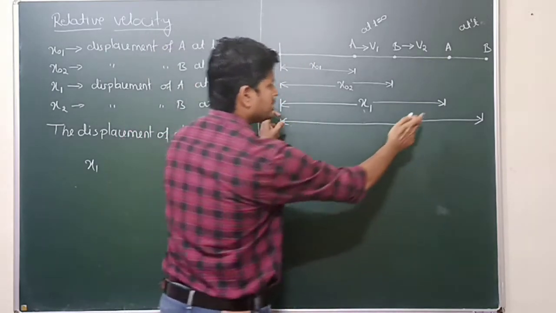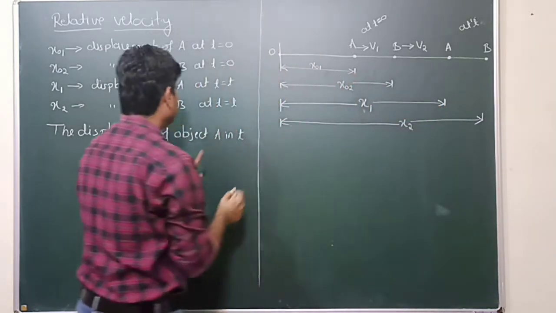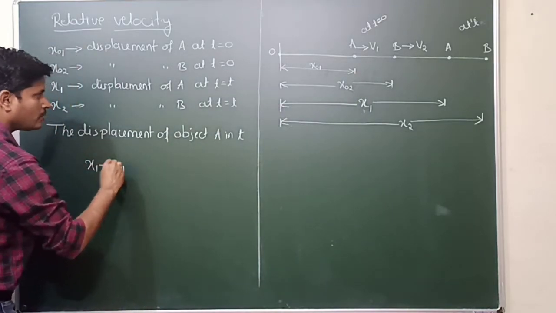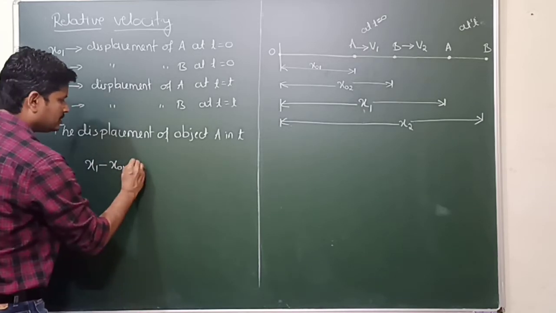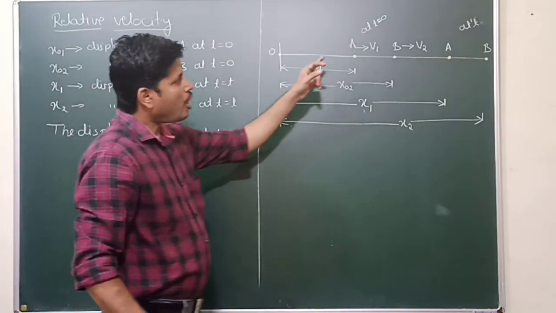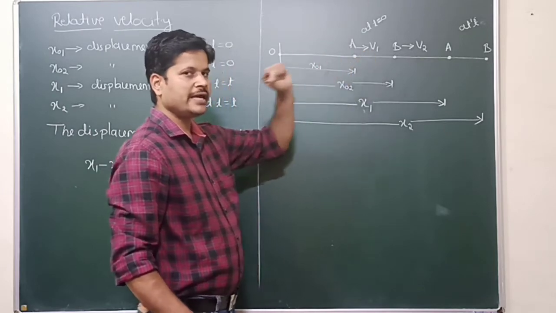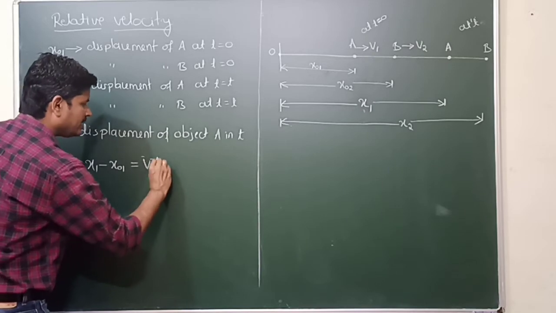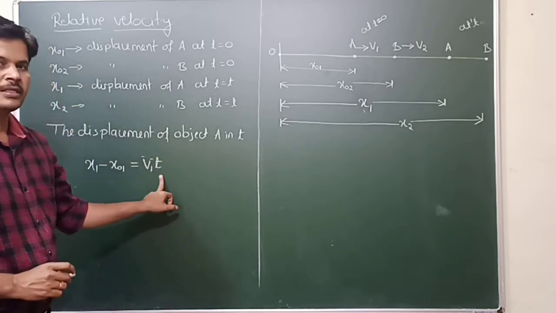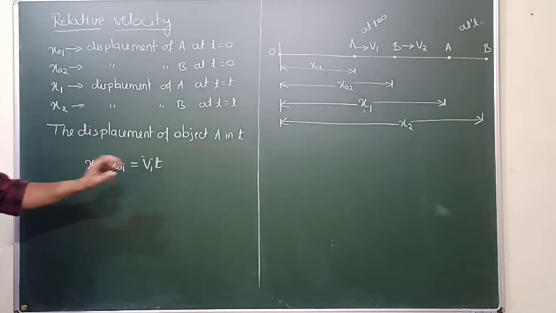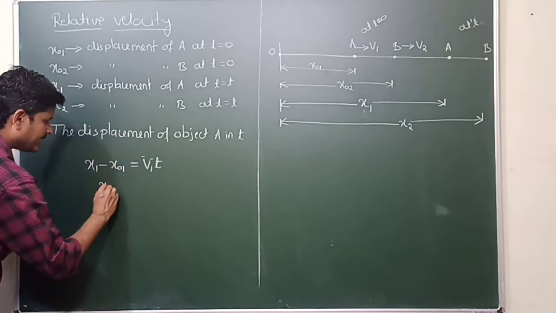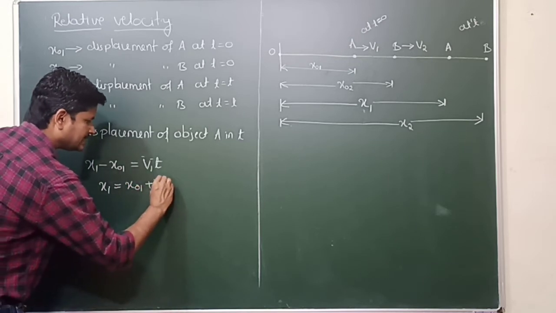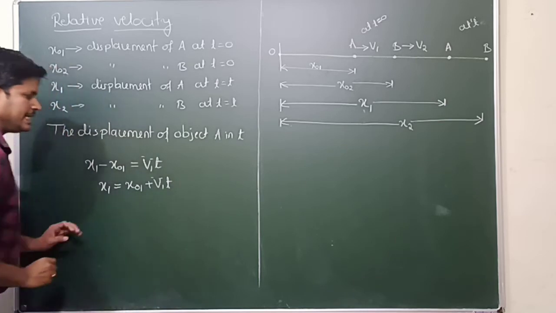And x1 minus x01, right? This is equal to, since the object A is moving with a velocity v1, v1 into time t. Remember this properly, or otherwise rearrange this: x1 equals x01 plus v1 into t.